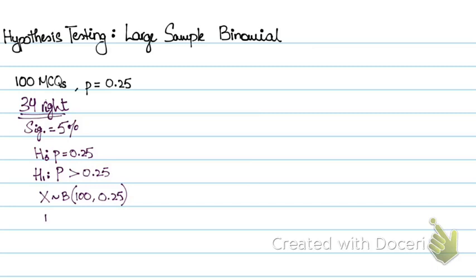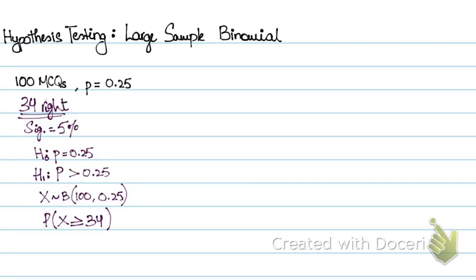So this will become probability of X greater than or equal to 34. This means we have to calculate the probabilities of 34, 35, 36 all the way to 100, and then we'll compare it to our significance level.